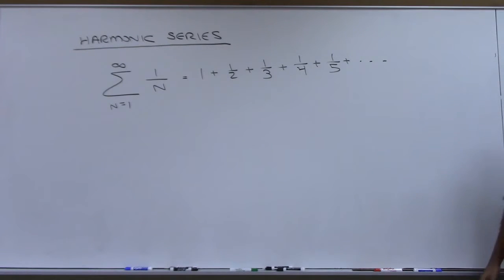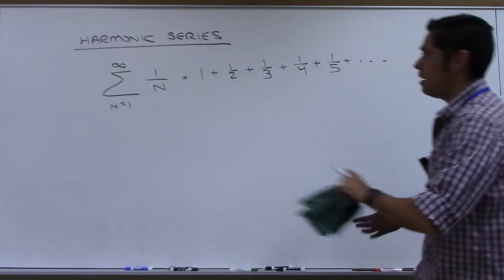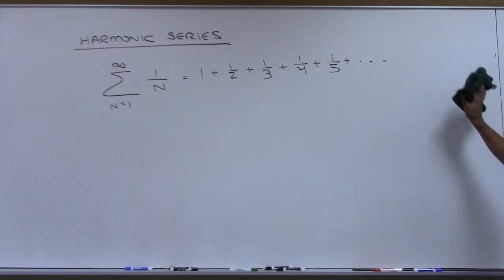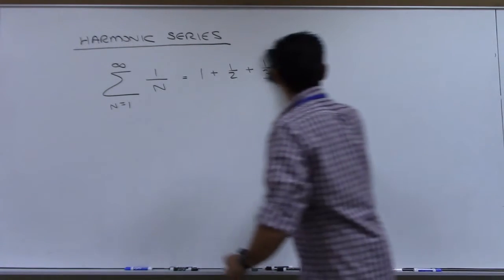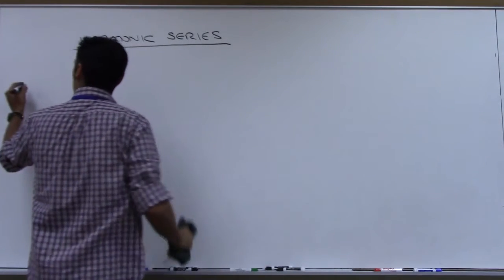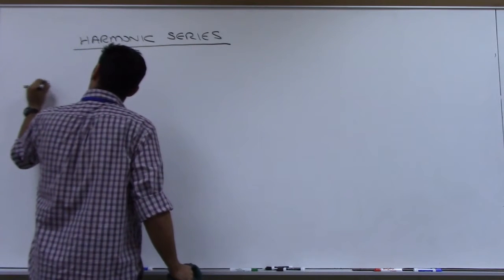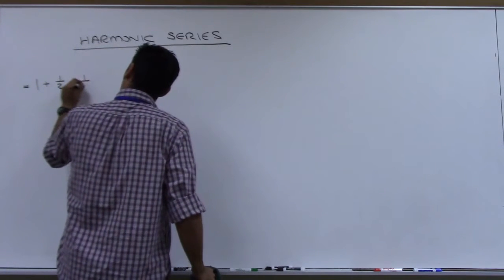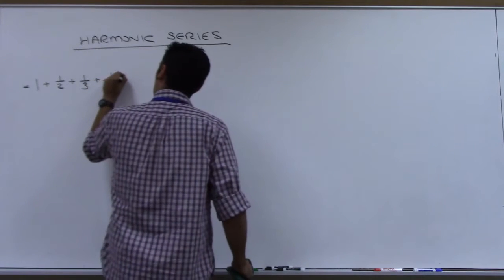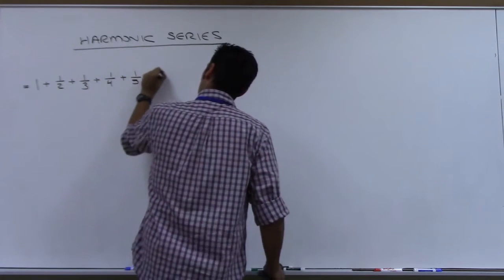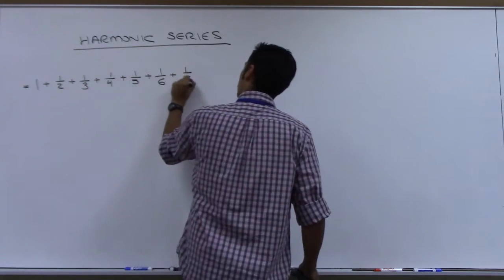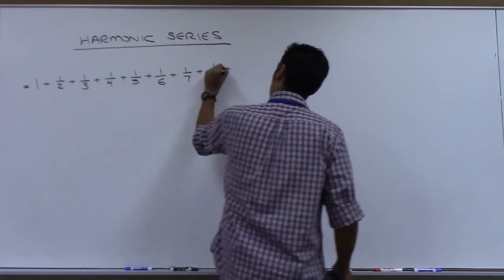What I'm going to do is write out a bunch of these. So I'm going to erase this to give myself a little more room. That series is 1 plus a half plus a third plus a fourth plus 1/5 plus 1/6 plus 1/7 plus 1/8 plus 1/9.